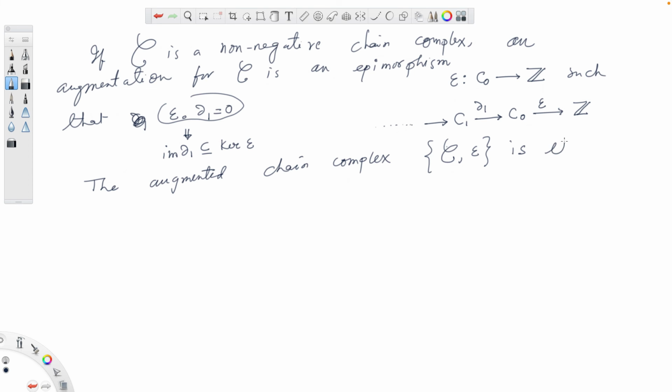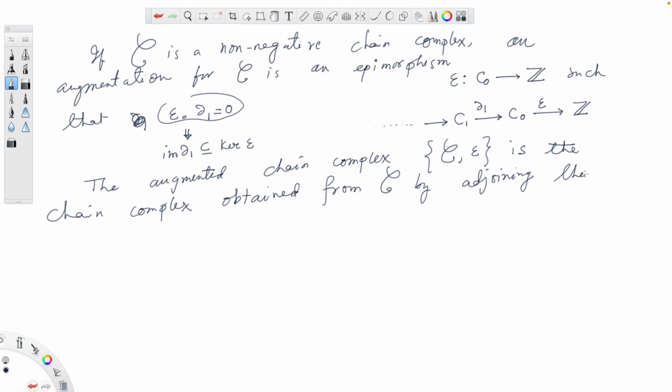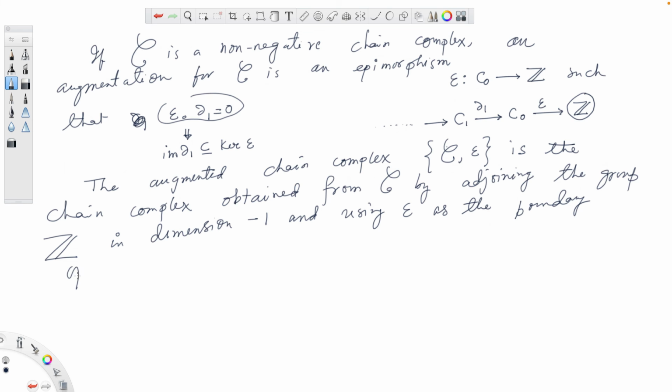The augmented chain complex is the chain complex obtained from the non-negative chain complex C by adjoining the group Z in dimension -1, using the augmentation map epsilon as the boundary operator in dimension 0.